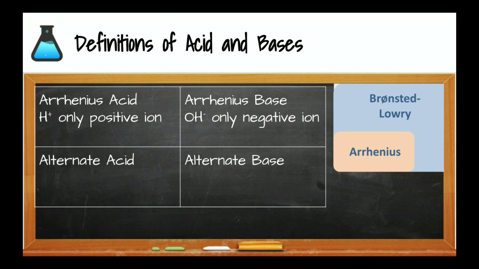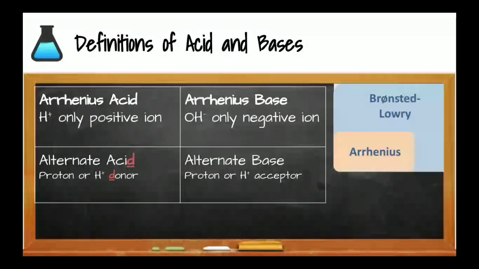And Arrhenius bases are substances that have the negative OH hydroxide ion as the only negative ion in a solution. But the problem with this definition is Arrhenius acids and bases must be in water to make an aqueous solution. So alternate acids and bases are acids and bases that don't necessarily have to happen in a solution.